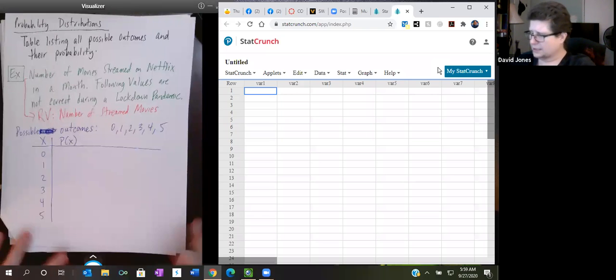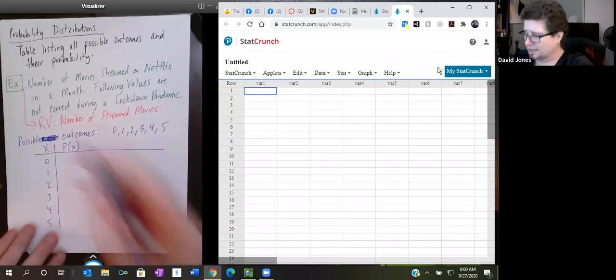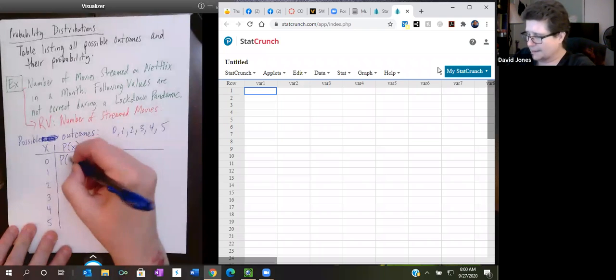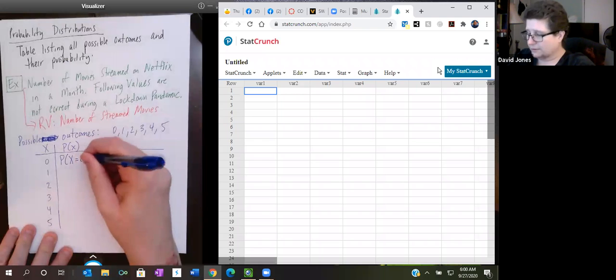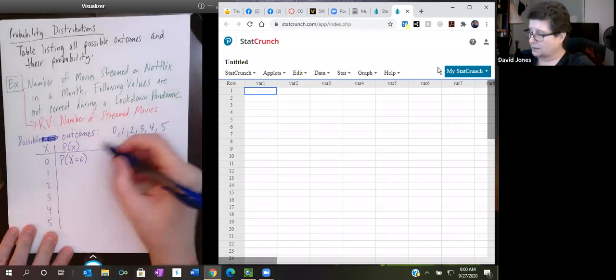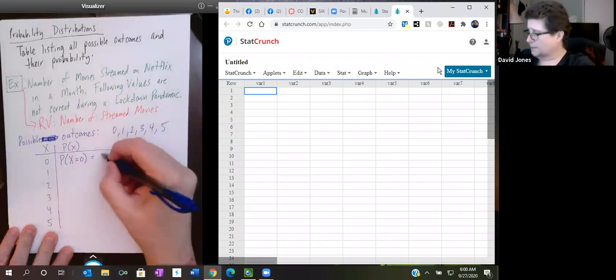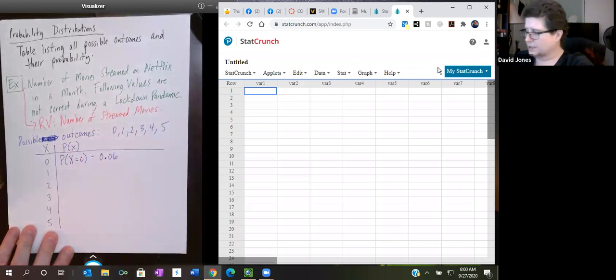And so the way you read this table is, this is like the probability that big X, the number of streamed movies, equals 0. And I'm going to say it's kind of low, 0.06.